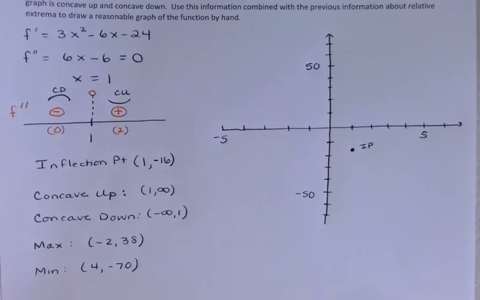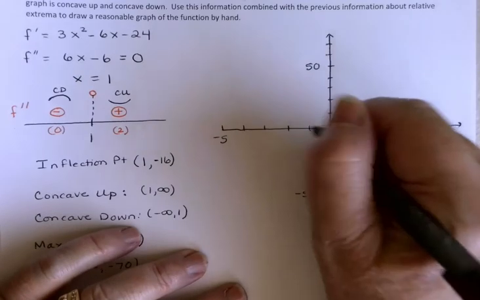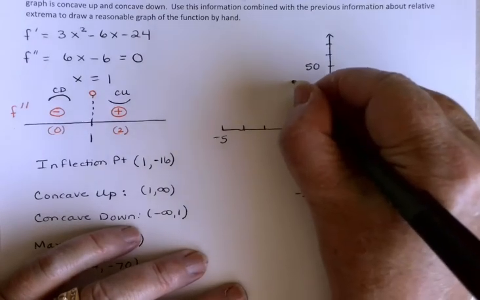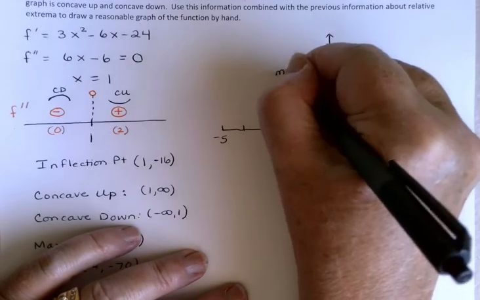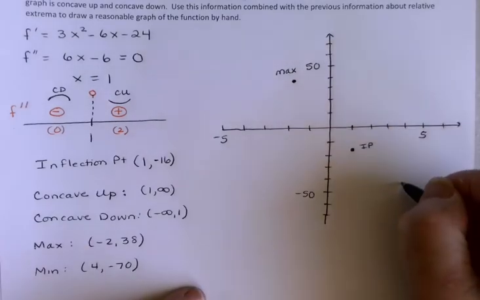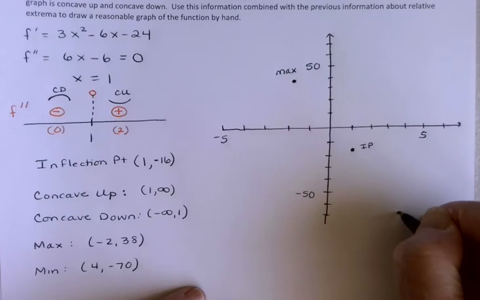And next I'll plot the maximum, negative 2, 38, right around here. And then the minimum, 4, negative 70, would be about there.